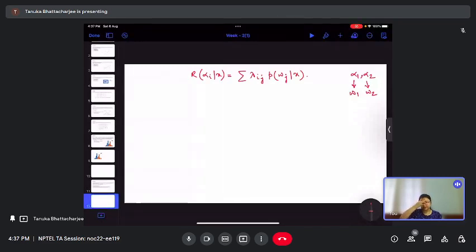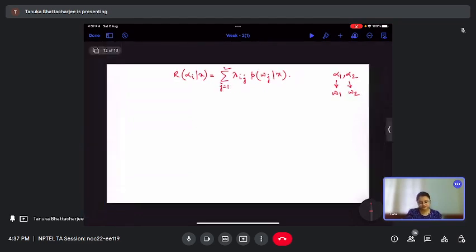We are computing the expectation of the loss value, lambda i j weighted with probability of omega j given x, and we will sum over j equal to 1 and 2. This is the general expression for risk.